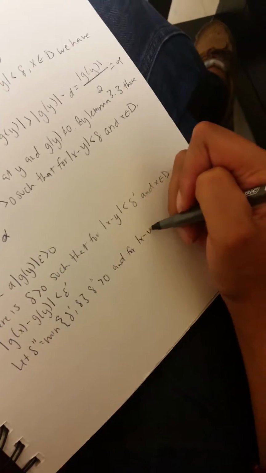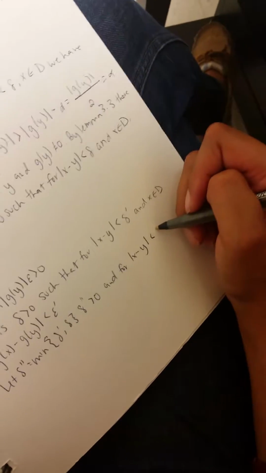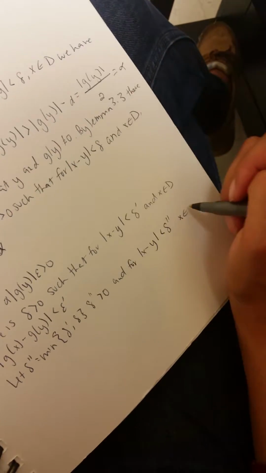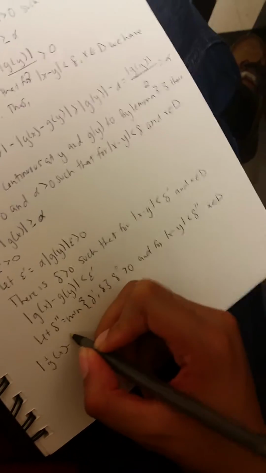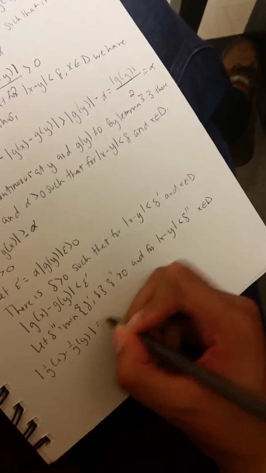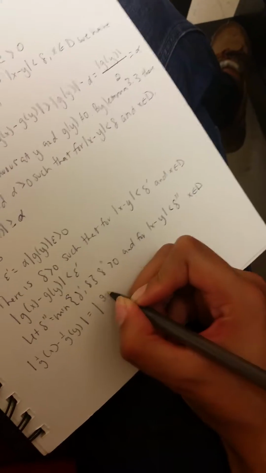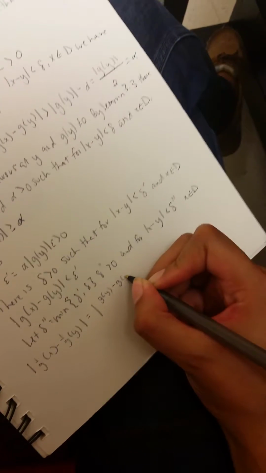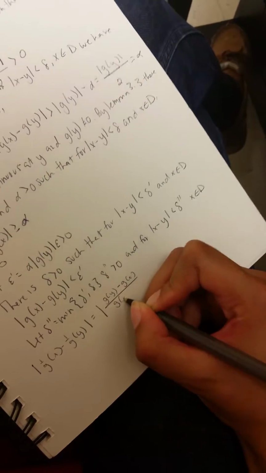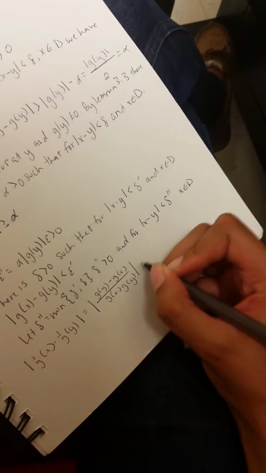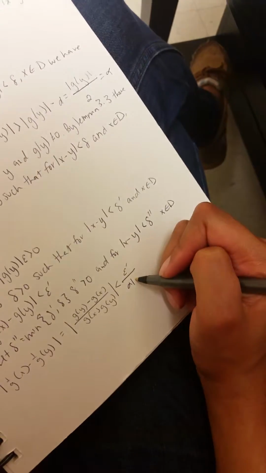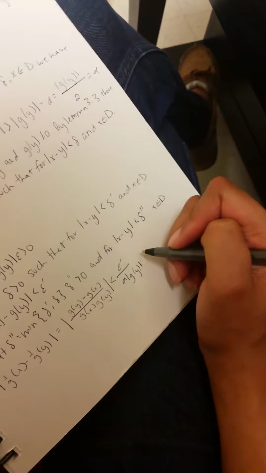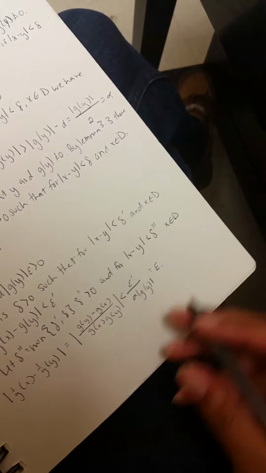And for the absolute value of x minus y less than delta double prime, with x being in the domain, the absolute value of 1 over g of x minus 1 over g of y equals the absolute value of g of y minus g of x over g of x times g of y, which is all less than epsilon prime over alpha times the absolute value of g of y, which is equal to epsilon.